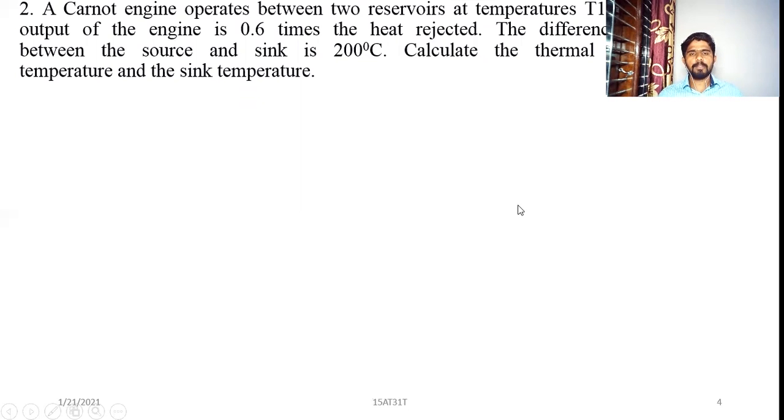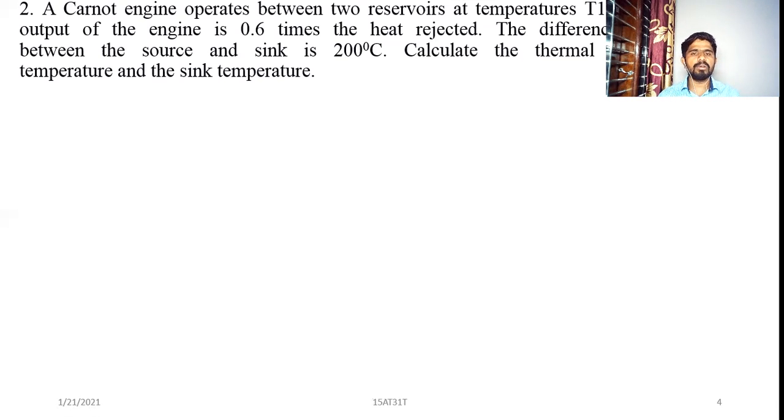The work output of the engine is 0.6 times the heat rejected. The difference in temperatures between the source and the sink is 200 degrees centigrade. Calculate the thermal efficiency, source temperature and sink temperature.